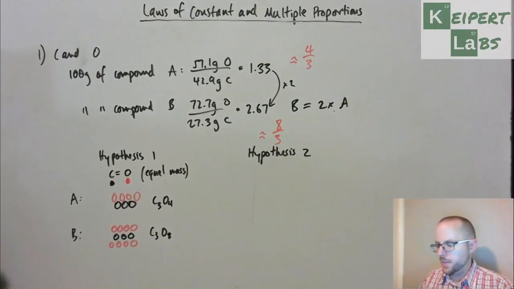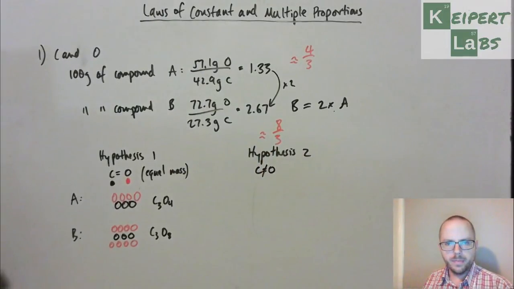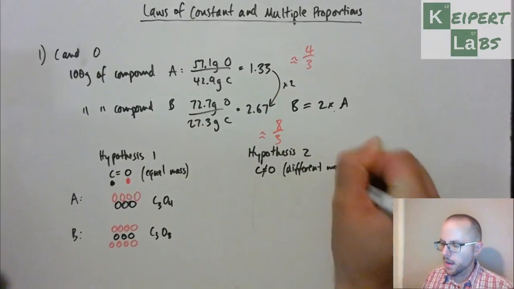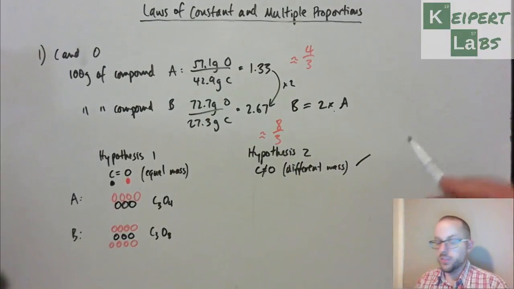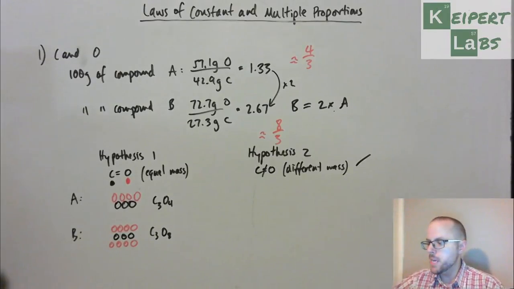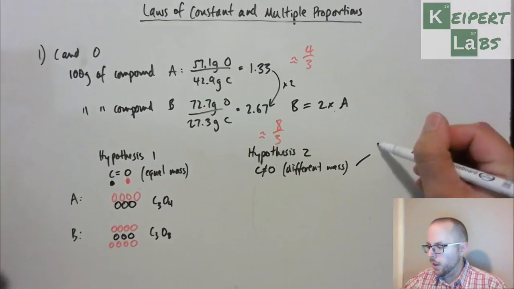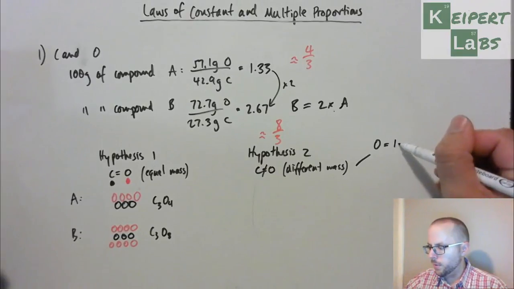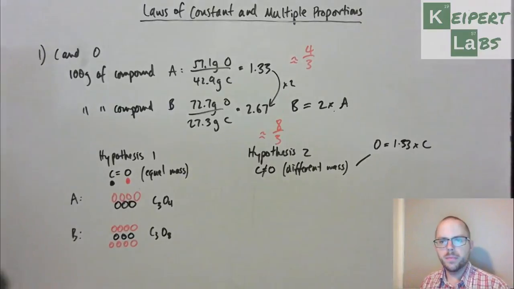Now the other hypothesis is that carbon and oxygen are not equal in mass, so that they have different masses, and specifically we're saying not only are they different, but we've actually measured the ratio of them. That is, that oxygen is 1.33 or 1 1/3 times the mass of carbon.